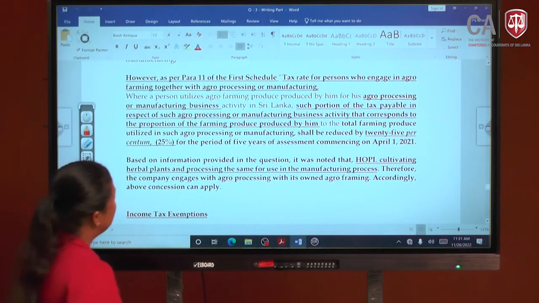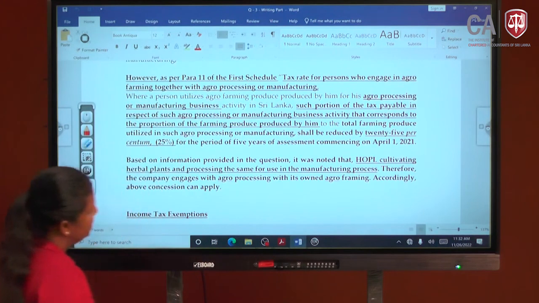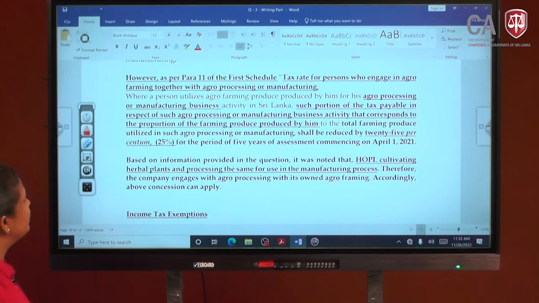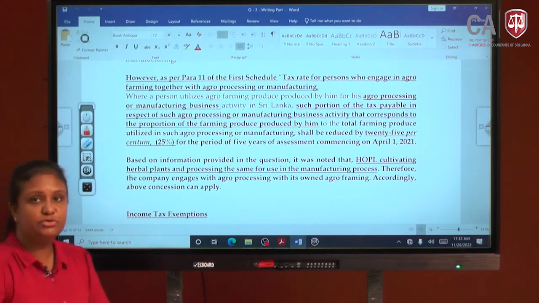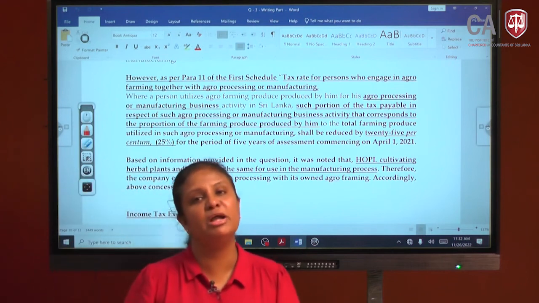However, as per para 11 of the first schedule, what is the reduced tax rate for persons who engage in agro-farming together with processing or manufacturing?